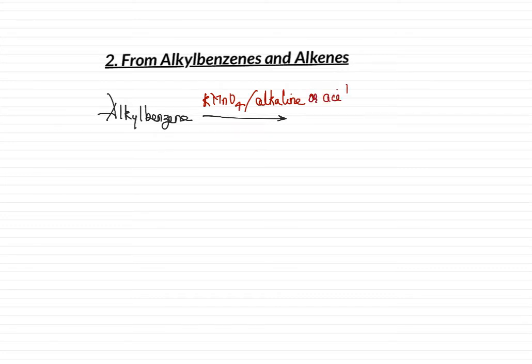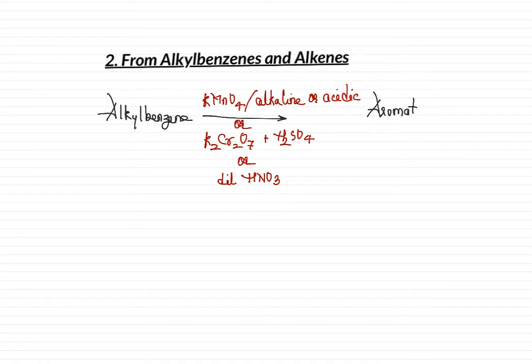So alkaline or acidic. Or you may use K2Cr2O7, potassium dichromate with H2SO4, or you may use dilute HNO3. So any one you can use, and it would lead to aromatic carboxylic acid.